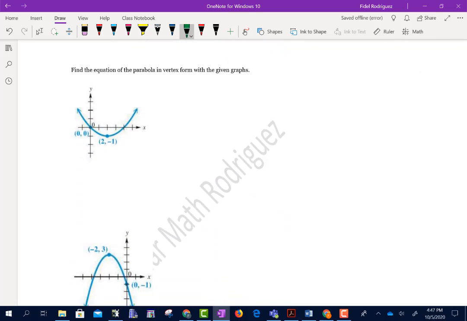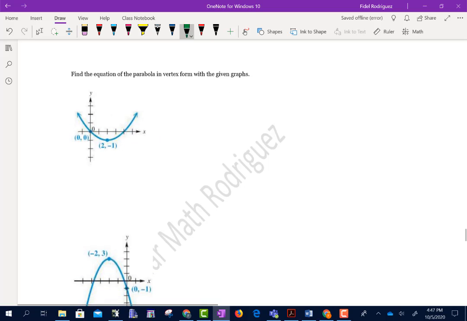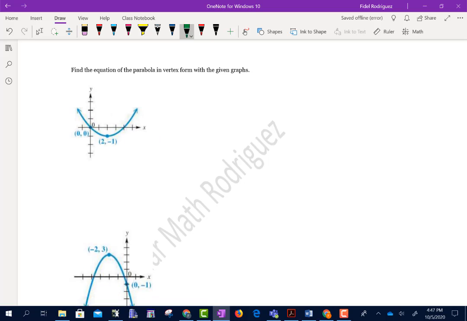Okay, so we're almost done here. It says find the equation of the parabola in vertex form with the given graphs. All right, so let's see if we can't do this. So look what it says. We're going to find the equation of the parabola in vertex form. So the first thing I want to do is I want to write out my equation.